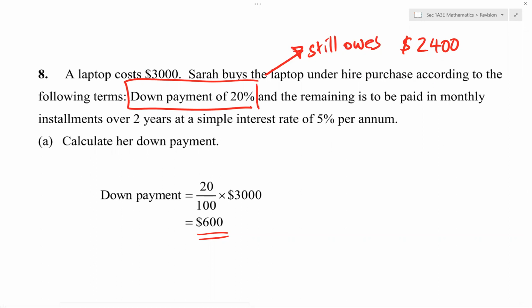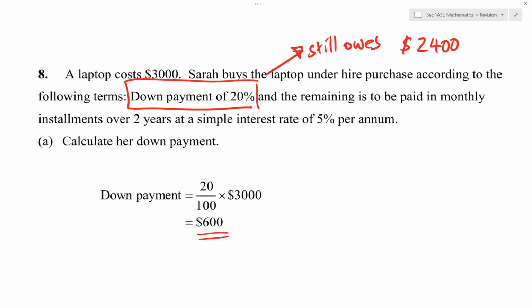Hey, you're going to have to pay back the $2,400. So is the retailer going to be so good to say, you take your time, every month you pay a little bit until you pay your 2,400? Are they going to be so good to you? No, they're going to charge you interest. They're going to say, hey, if you cannot pay me the $3,000 now, sure, you pay a deposit to prove that you really want this laptop, $600, and then you take your time to pay.